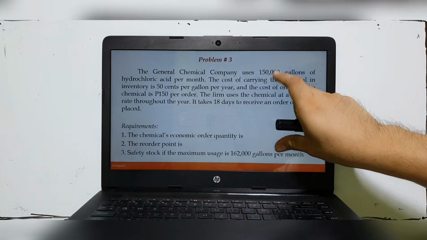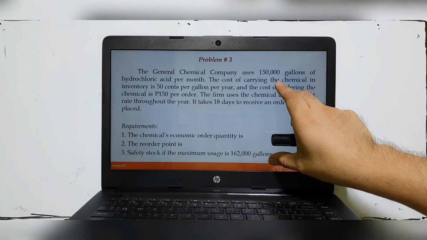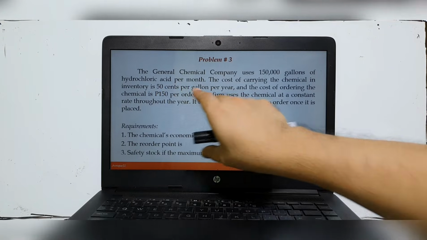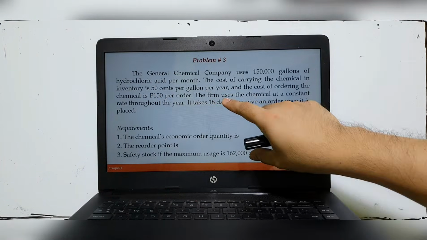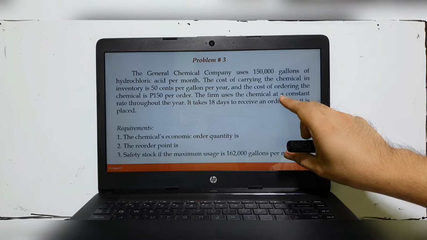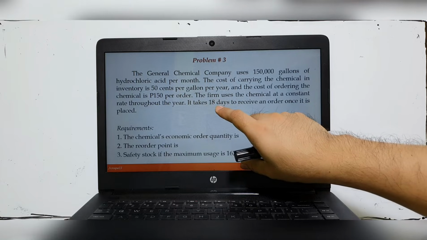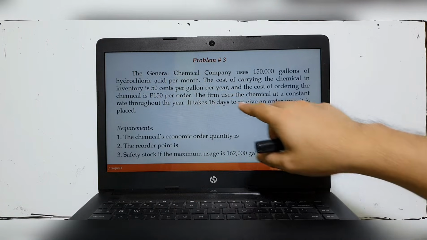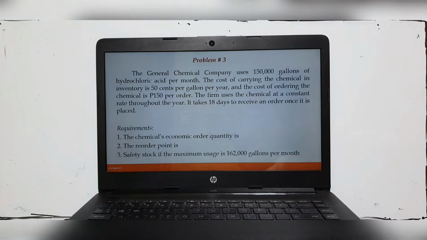So we have to multiply it by 12 for the annual demand. So the cost of carrying the chemical in inventory is 50 cents per gallon. And the cost of ordering is 150. So the firm is using the chemical at a constant rate throughout the year. And it takes 18 days to receive, so this is our lead time, to receive an order once it is placed. So let's solve for problem number 3.